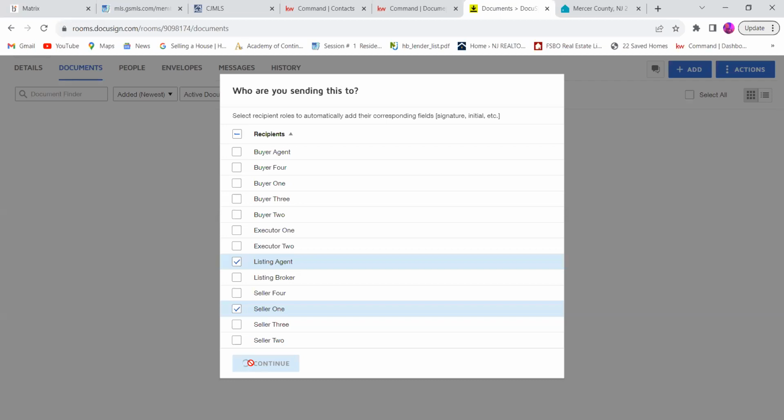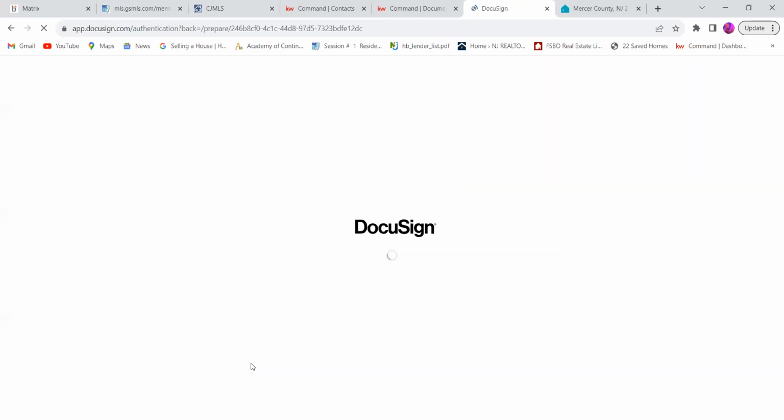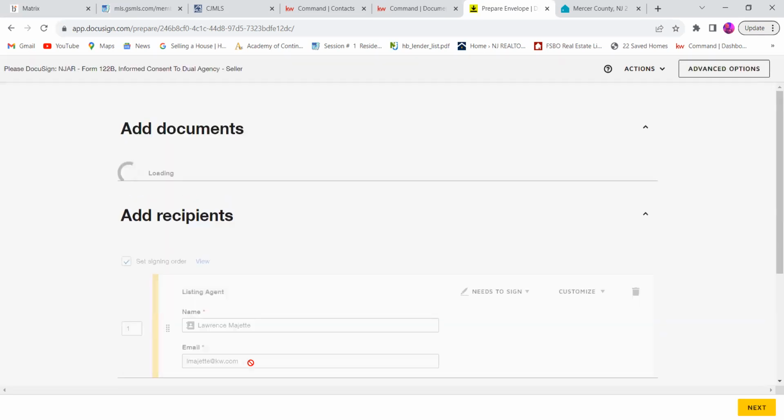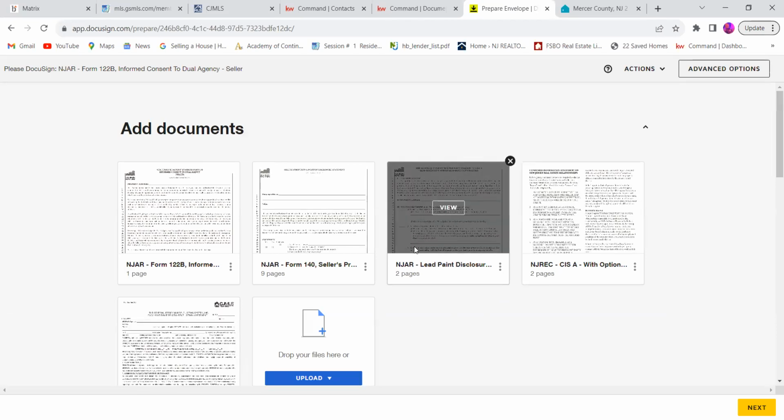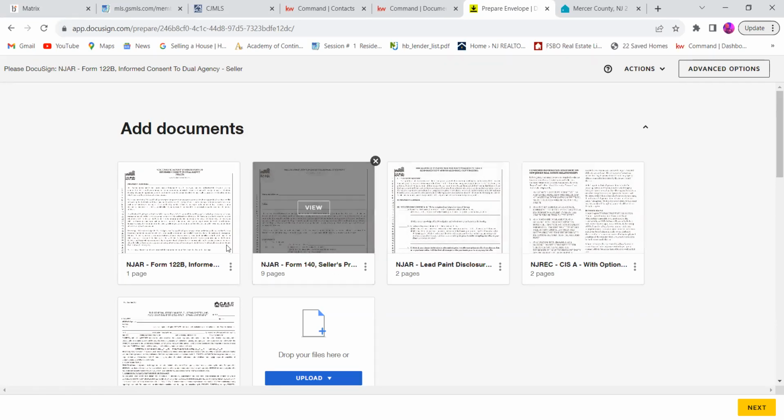It's going to take a second because it's 5 documents trying to load into this envelope at once. And boom, here we are. Here are our documents that we just went over and did.